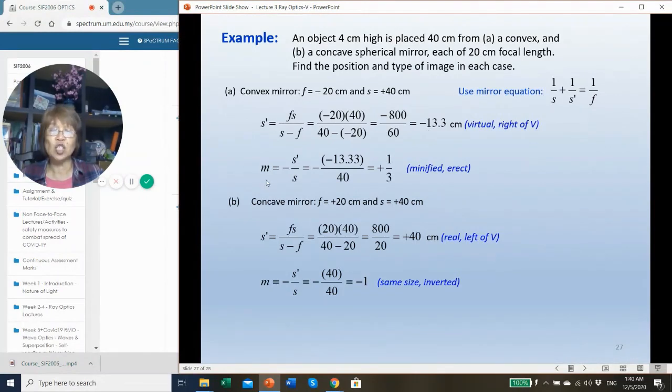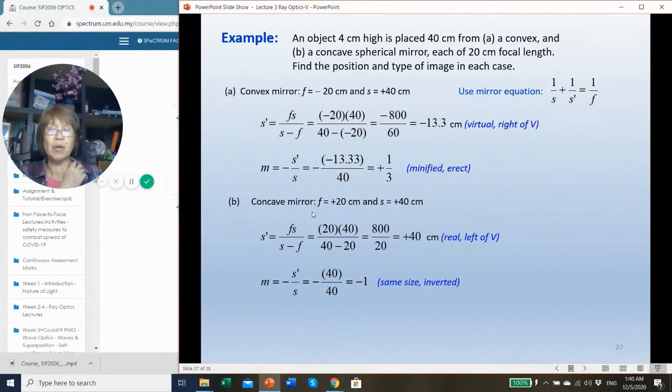What's the lateral magnification? That equals negative s prime over s. So we have negative 13.33 divided by 40 with a negative sign in front, so it becomes positive, about 1/3. So it's smaller, minified, and it is upright because it's positive.